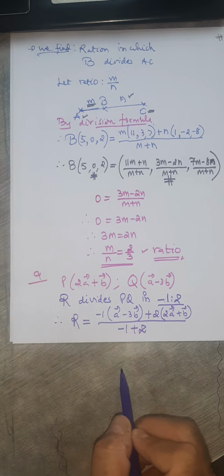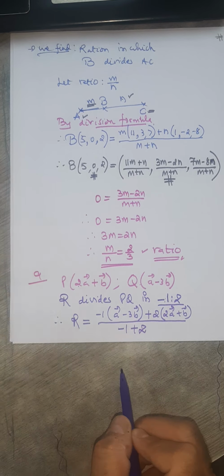-1 into the opposite, remember, because you have line segment joining P and Q, it is given. If I just draw the diagram, you will realize this is P here, this is Q, this is point R, like -1 into 2. So -1 into Q, 2 into P. Now the question is simplification.